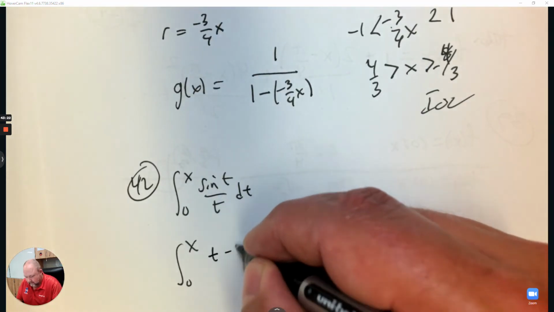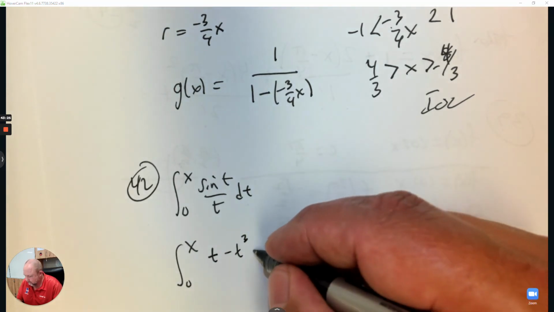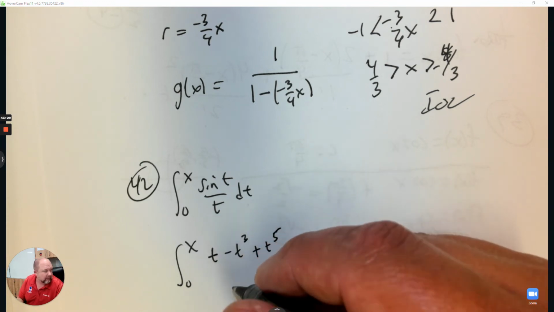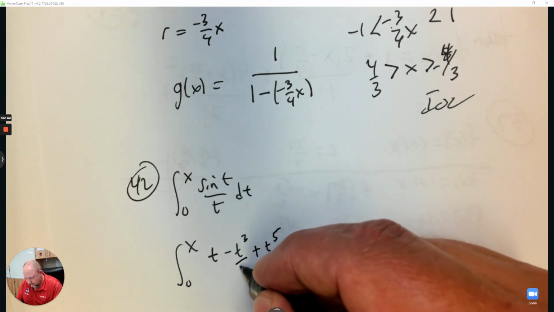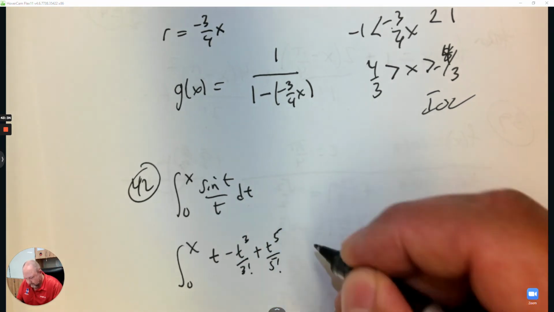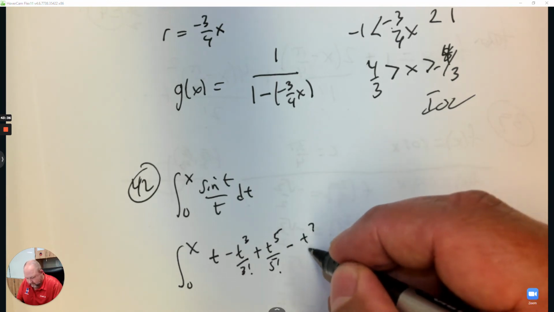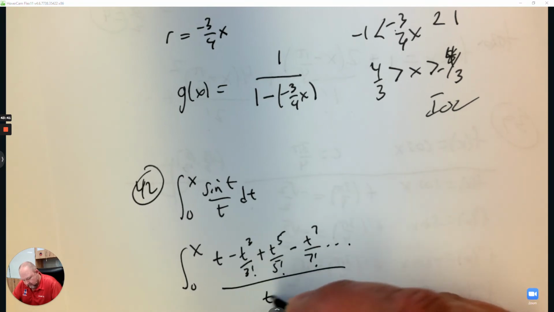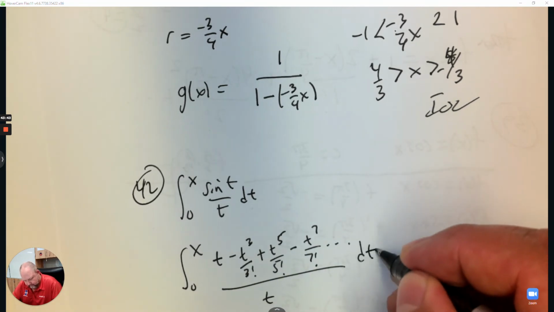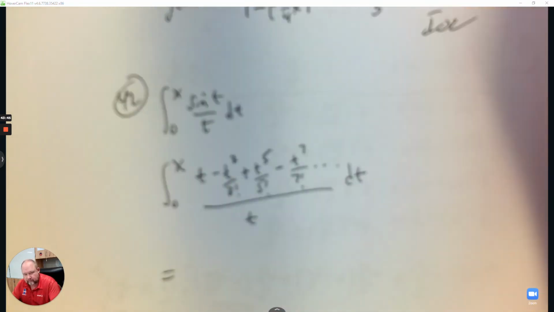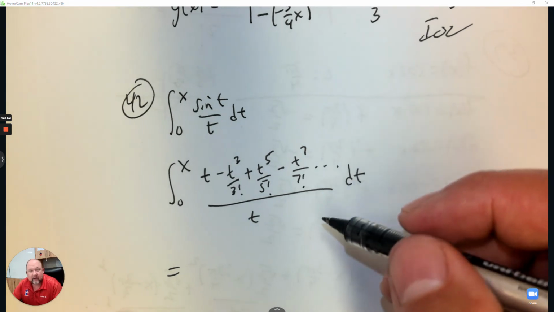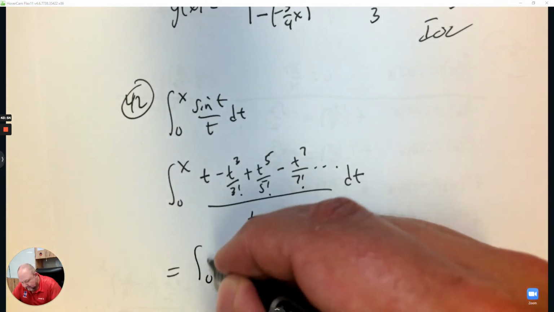T minus t cubed plus t to the 5 minus t to the 7 and so on, over t. Divide each term by t.